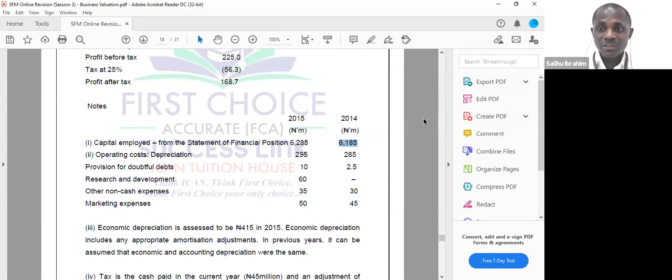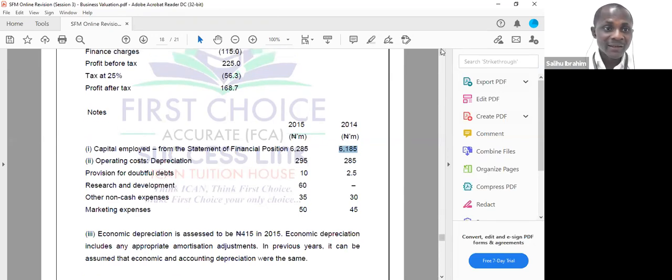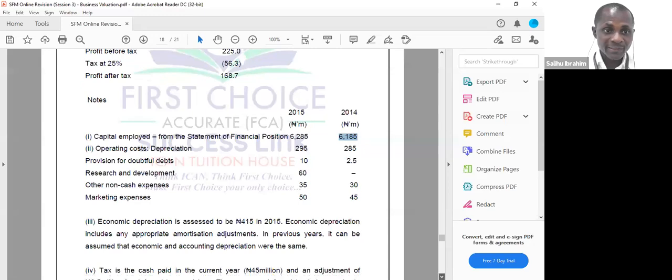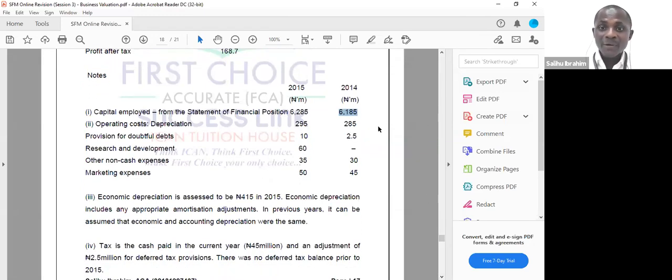This is what the question is giving you here. It's not shown on the face of this statement. Now, the operating cost will have been deducted from your gross profit to arrive at operating profit, right? So the items deducted to arrive at that operating profit are the breakdown that the note is giving you here.